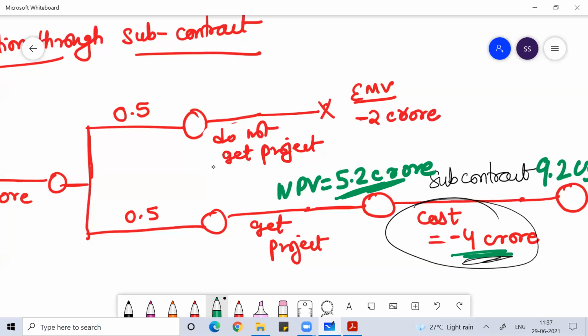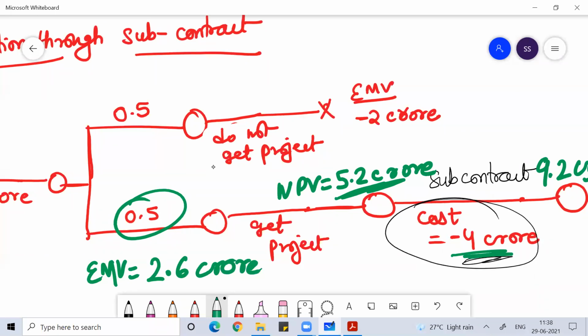And here your NPV is 5.2 crore, and 50% is the chance to get that NPV. So the economic value of this case would be 50% of 5.2 crore, that will be 2.6 crore. Here your economic value would be 50% of minus 2 crore, that would be minus 1 crore.